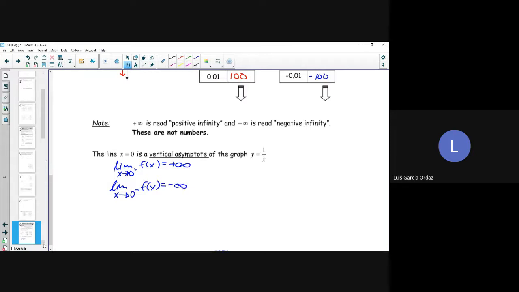So basically, we can call these the behaviors around the vertical asymptote, which is x is equal to 0. Okay, so you guys understand this? This is review from grade 12, and review from limits.